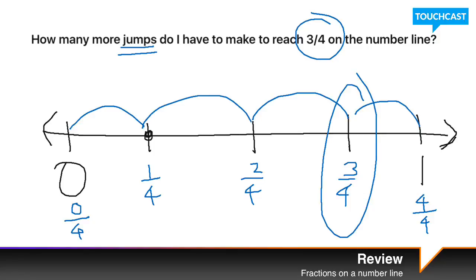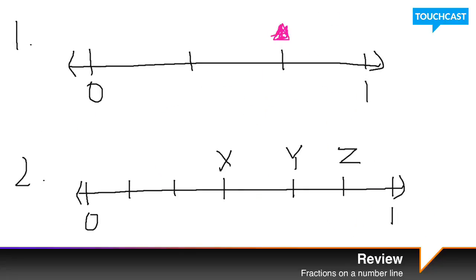Let's count how many jumps it takes to reach 3/4 from this point here. 1, 2. Oh my goodness, it just took 2 jumps. So the answer was 2 jumps. How easy.